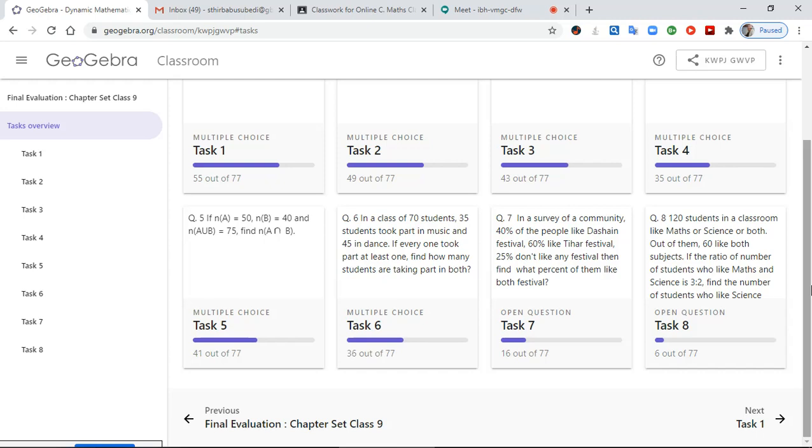Yes, still it is not completed. 6 students in task 8, 16 students in 7, 35 in 6, 39, 40 in 5, 55 in 1, 49 in 2. 55 students appear in 1. You can see. Don't leave the tasks. Please complete all the tasks. Then only you can move from the class.